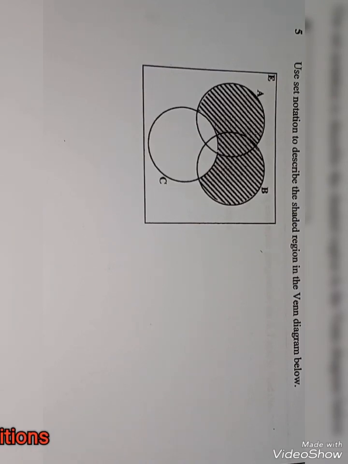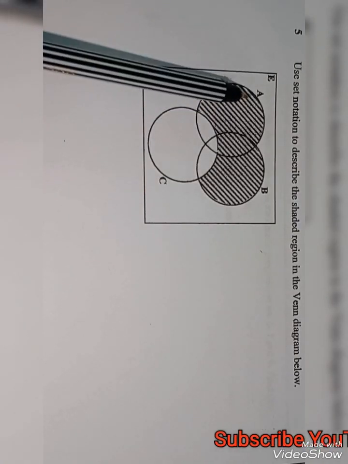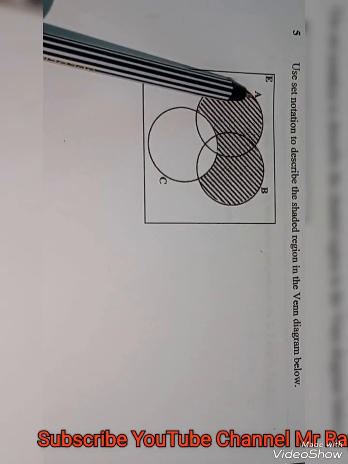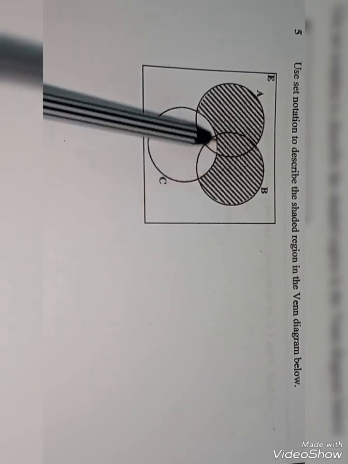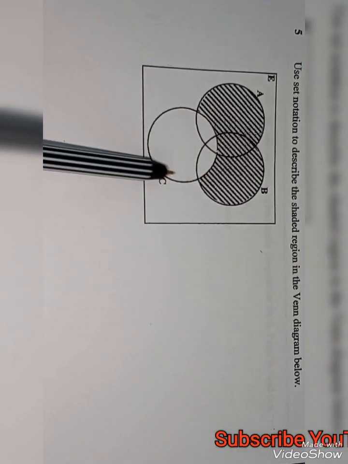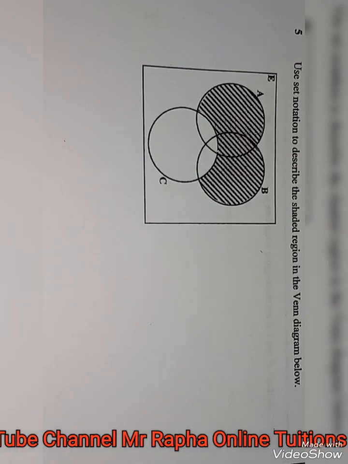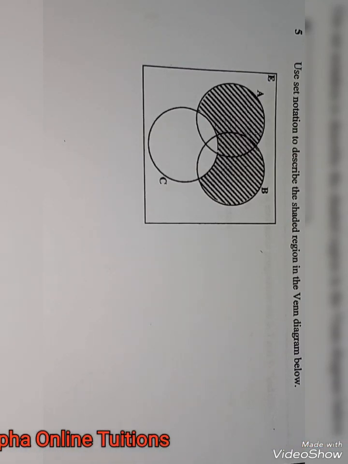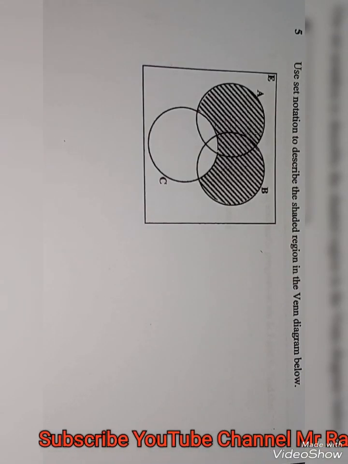So the shaded region, these are members that are either in set A or set B, but are not in set C. The shaded region, I'll write that statement, very important.